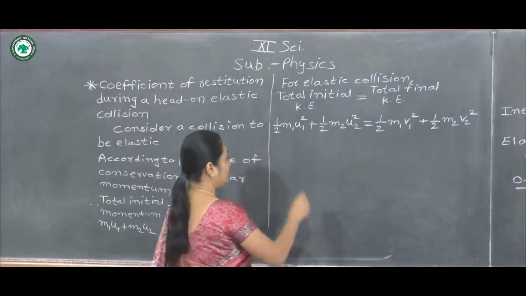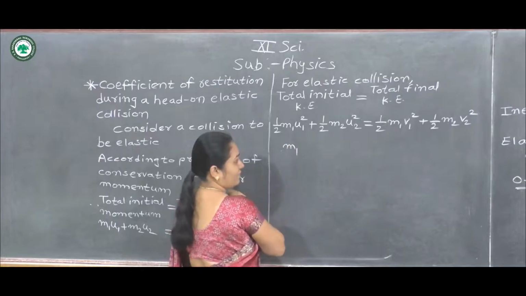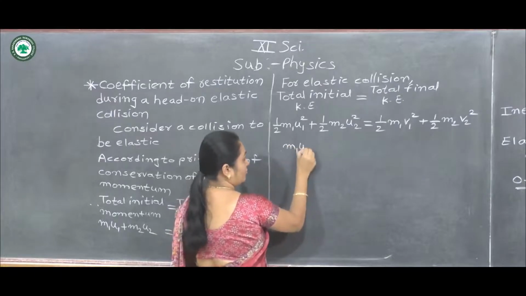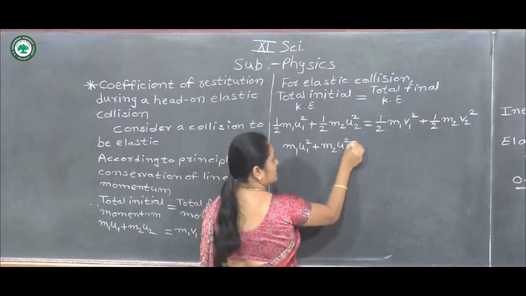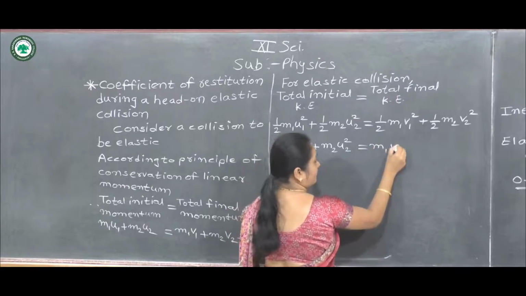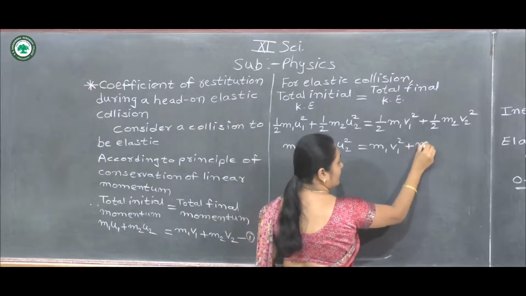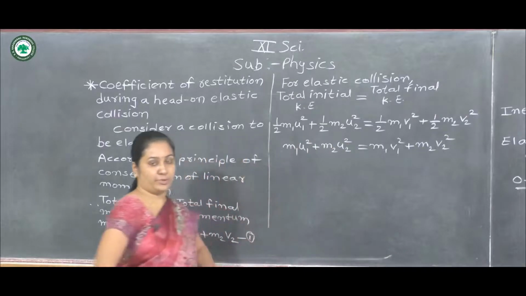So we have therefore m1 u1 square plus m2 u2 square is equal to m1 v1 square plus m2 v2 square.